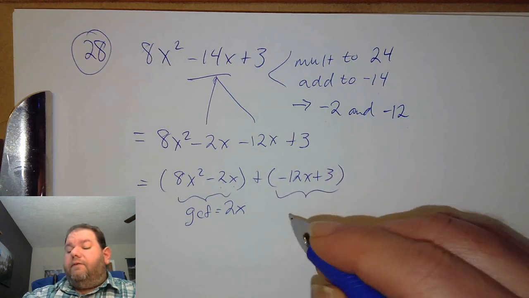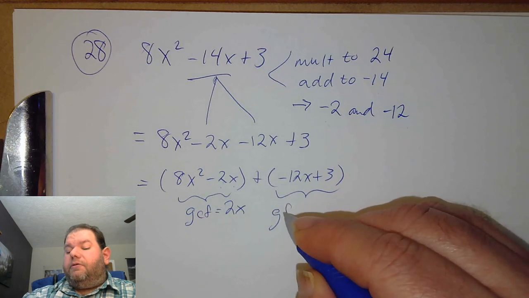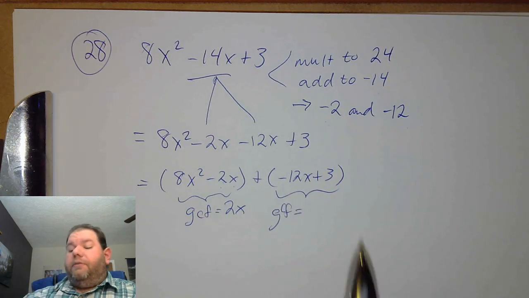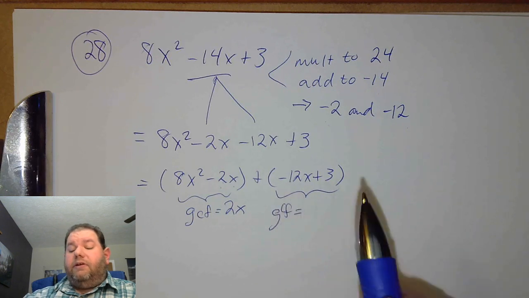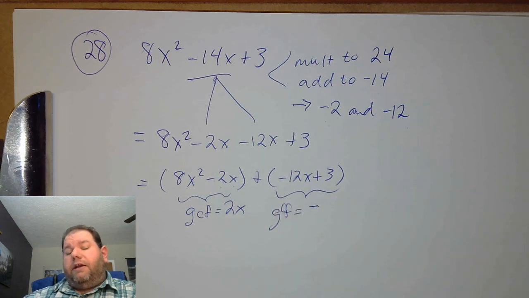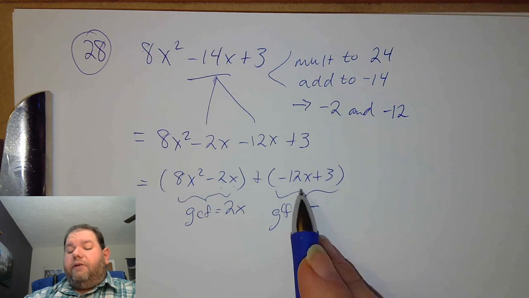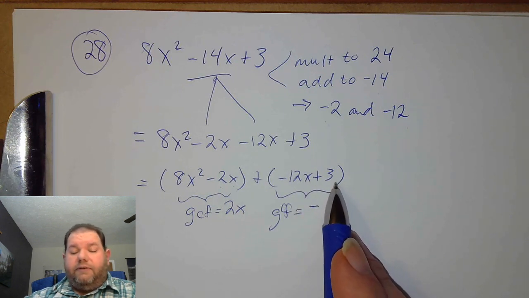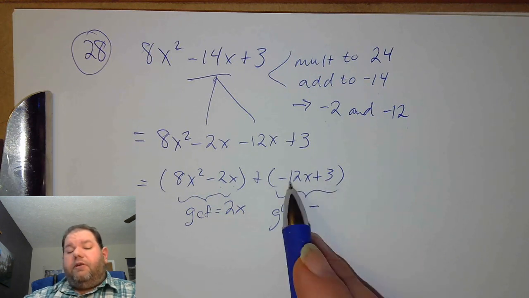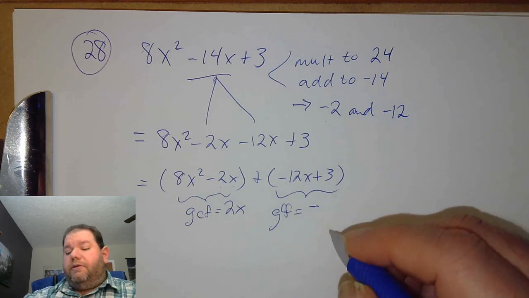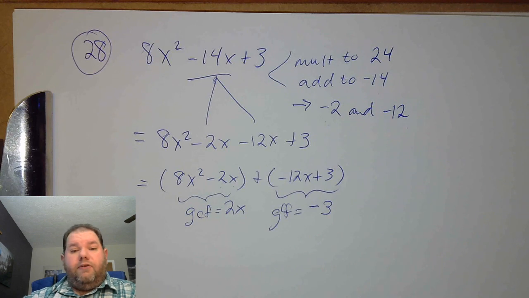And we repeat that for the second term. Because we start off with a negative sign here, I'm going to include a negative as far as what we end up canceling out. They don't have x in common because this one doesn't have any x's. But we look at the 3 and the negative 12, and we see that both of them are divisible by 3.